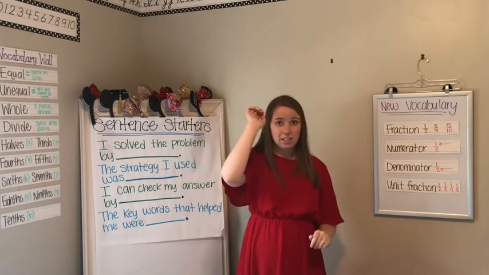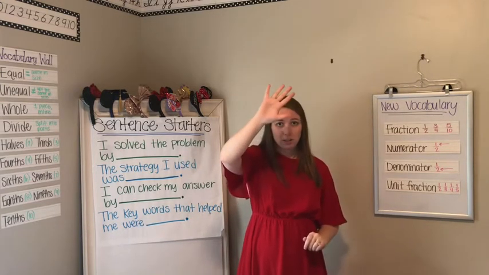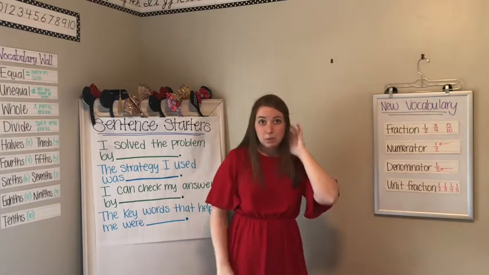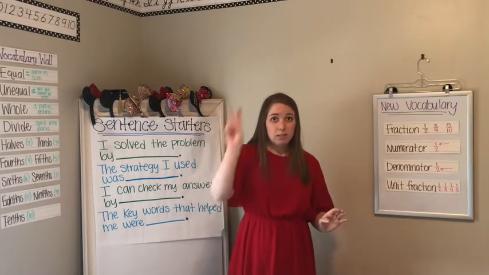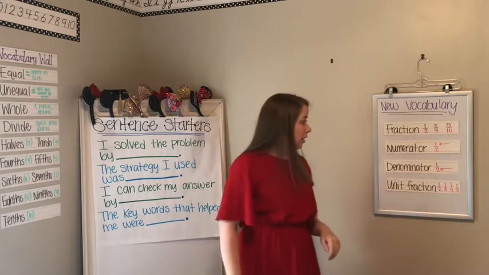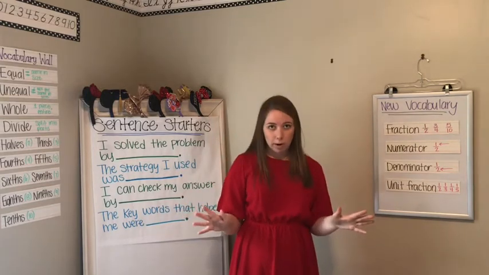And so basically it tells us about the number of parts that we are looking at specifically. So like when I eat those 2 pieces of pizza, I'm going to put the 2 on top above that line. And then our denominator is our total number of equal parts.